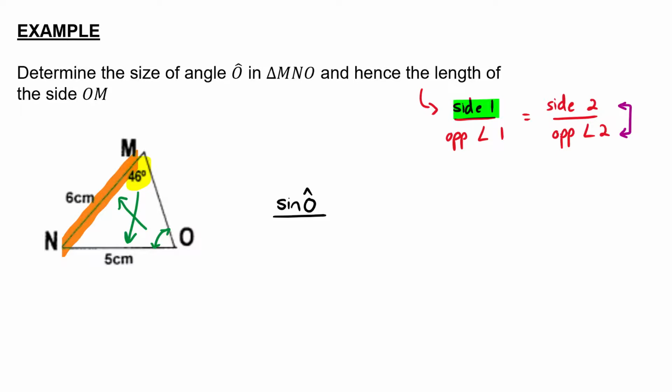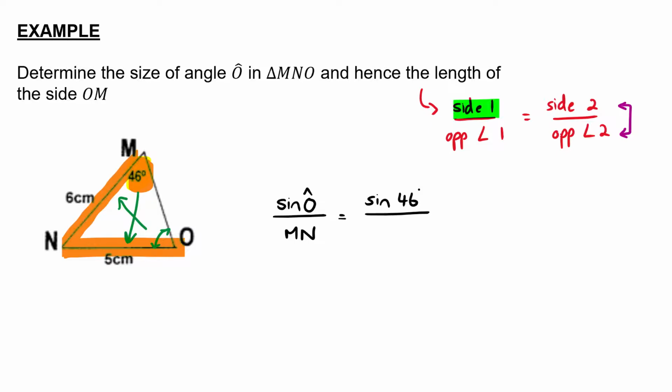You can write it symbolically as MN, which is then equal to, we then use the other angle and side that we're given. So this is the opposite side, the 46 is that opposite angle, so it's going to be sine of 46 degrees over ON.